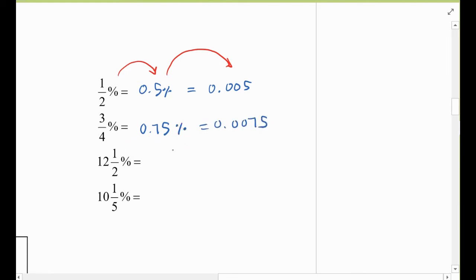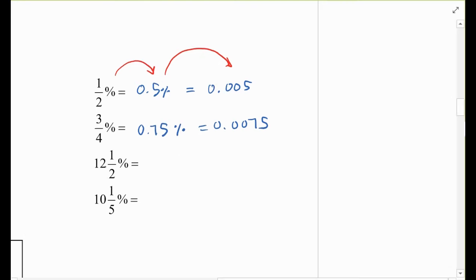All right? 12 and 1/2%. We have 12 above the decimal point, and 1/2 is 0.5, right? So it's 12.5%. This is the first step, and we do the second step. So we remove the percent sign and move 2 decimal places, then that becomes 0.125.